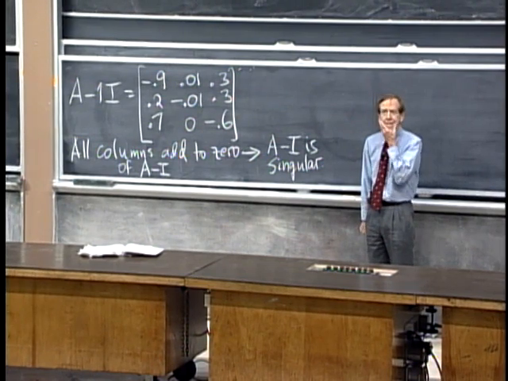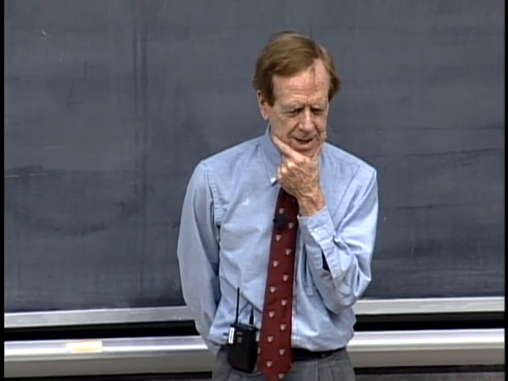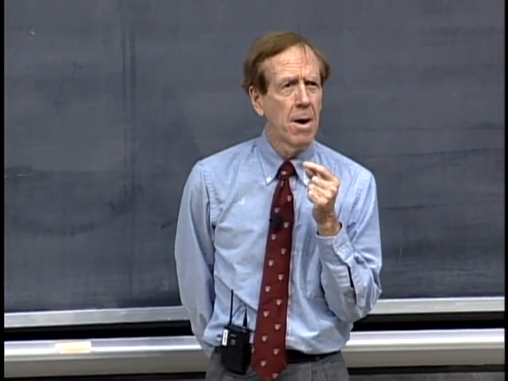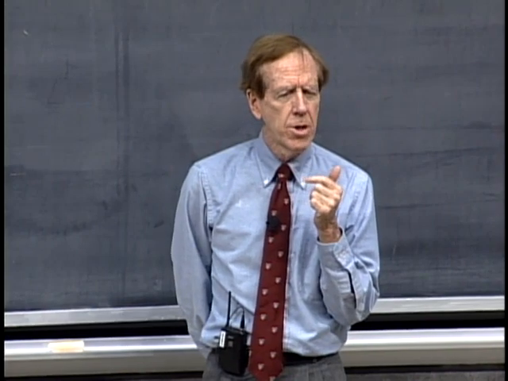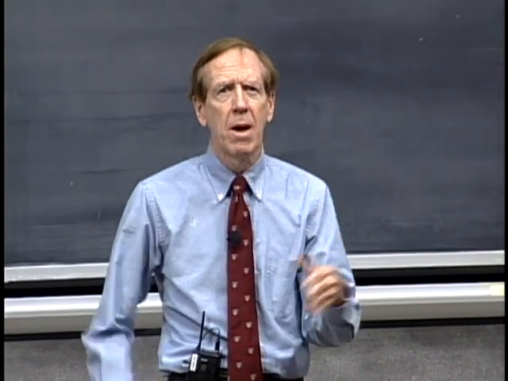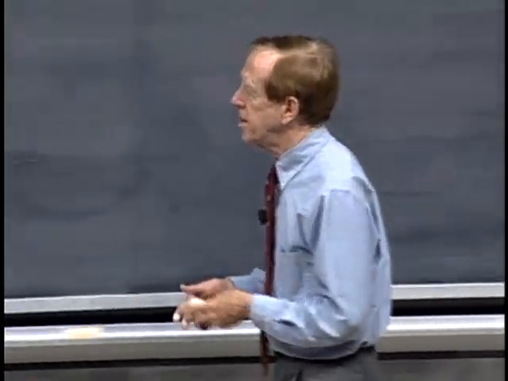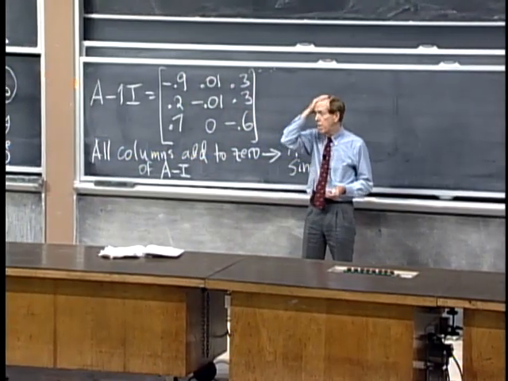Okay, I'm thinking of 2 or 3 ways to see that. How would you do it? We don't want to take its determinant somehow. For the matrix to be singular, it means that these 3 columns are dependent, right?